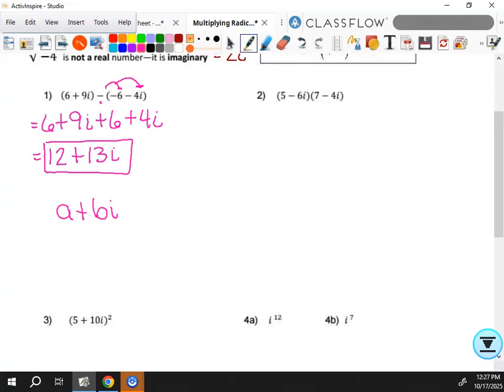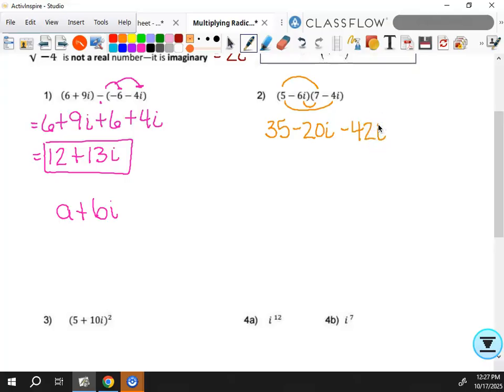All right. Now number 2, we're going to FOIL, just like we did with anything that's in that form. So let's do the first 2 together. What's 5 times 7? 35. Outside 2, that's going to give me negative 20i. Inside 2, negative 42i.